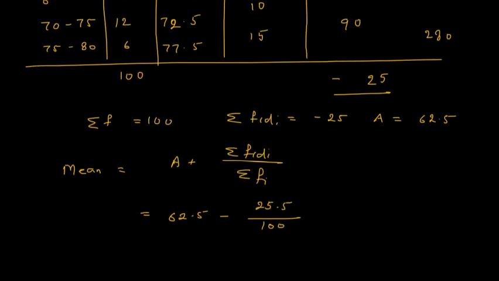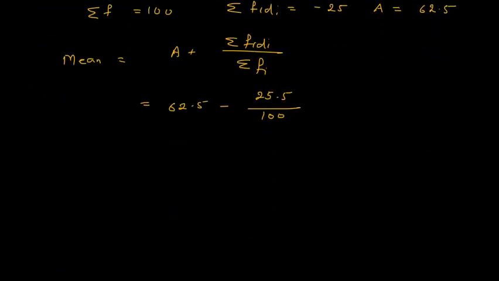Calculate the mean. They have not given up to what decimal, so we write the complete answer. 62.5 minus 0.255.